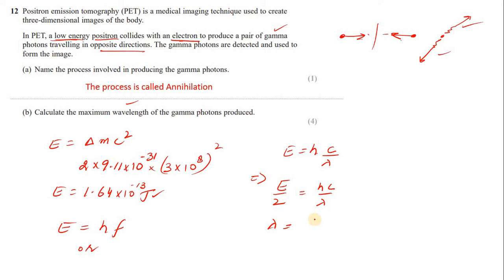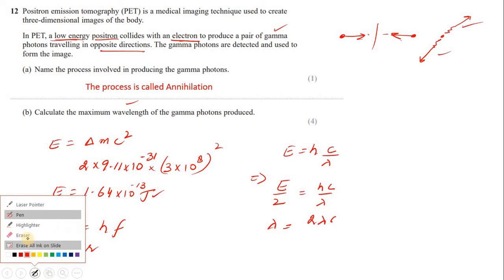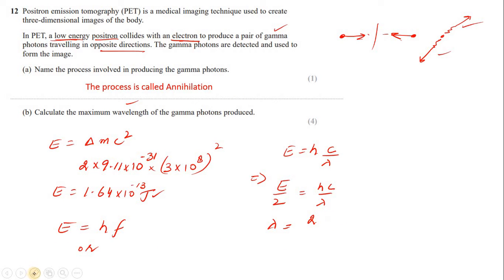So lambda would be equal to 2hc upon E. Now lambda is equal to 2 times Planck's constant, 6.63 into 10 to the power minus 34, into c, 3 into 10 to the power 8, divided by E, and E is 1.64 into 10 to the power minus 13.